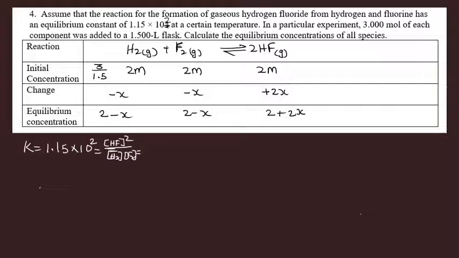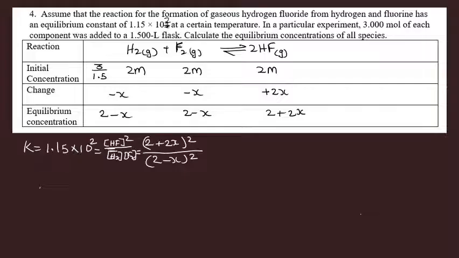That equal, and now we have at equilibrium we have 2 plus 2x to the power 2 for HF divided by 2 minus x. For both it is 2 minus x, so I will just put 2 minus x to the power 2. So now we can substitute and we can find the value of x.